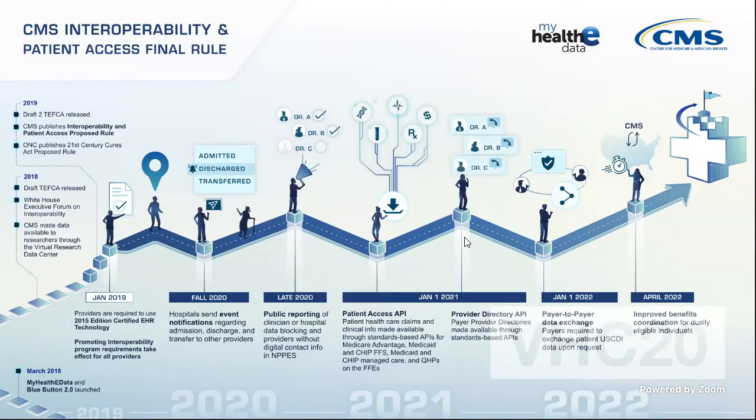We are now expanding that policy and requiring that all of our federally regulated payers implement a similar patient access API that will allow their enrollees to access claims and encounters and certain clinical information as well directly from their smartphones.